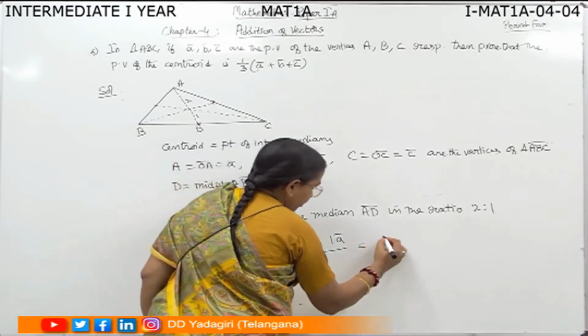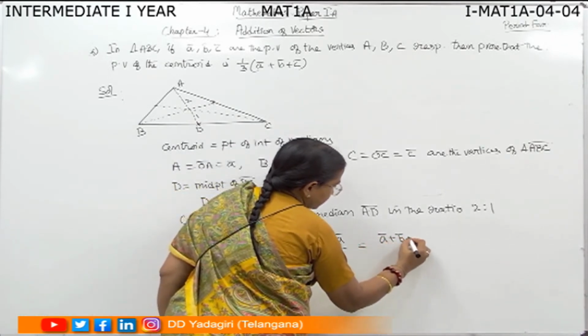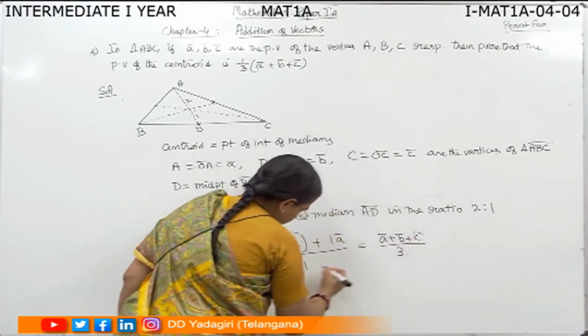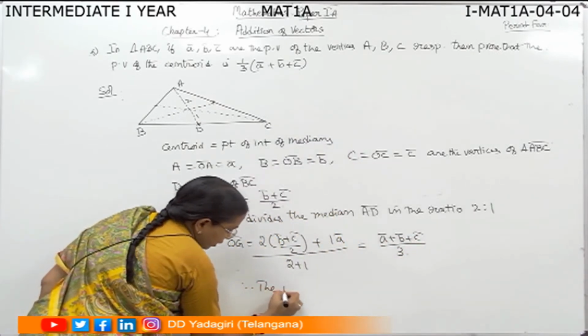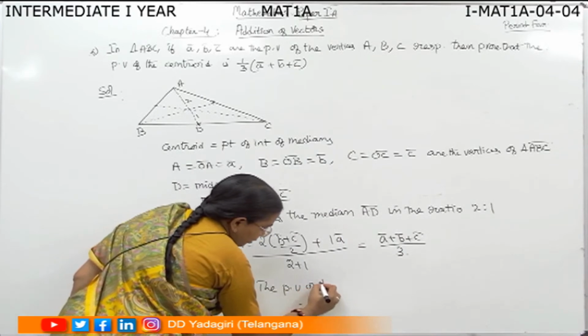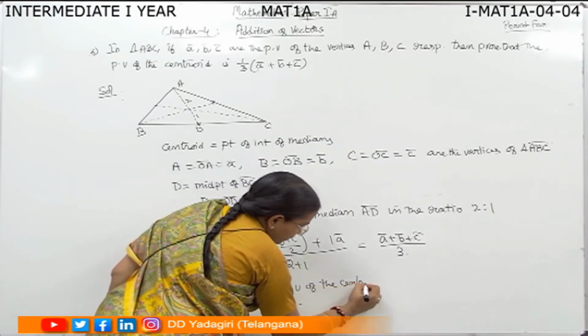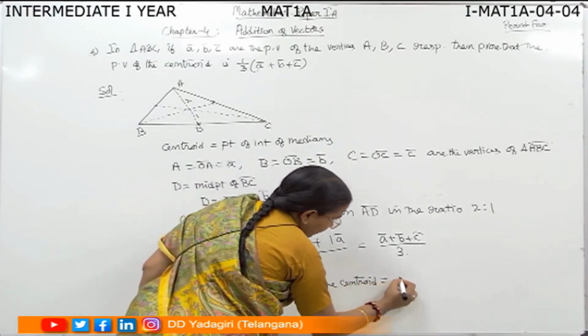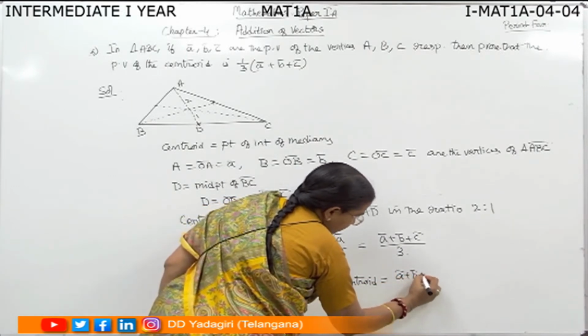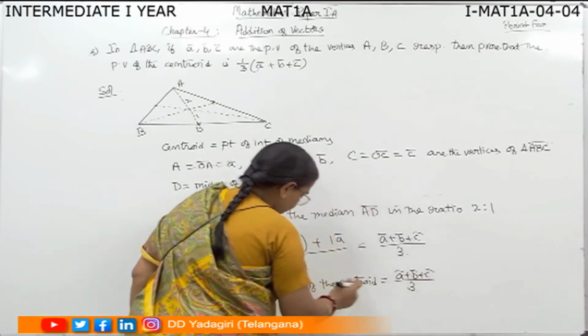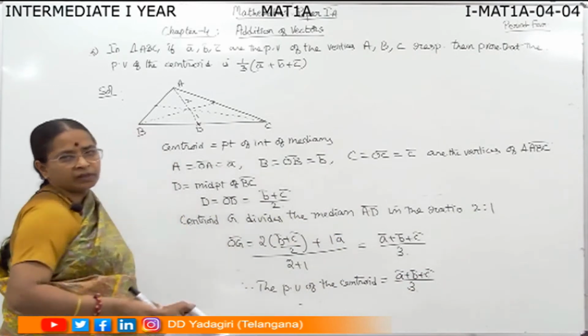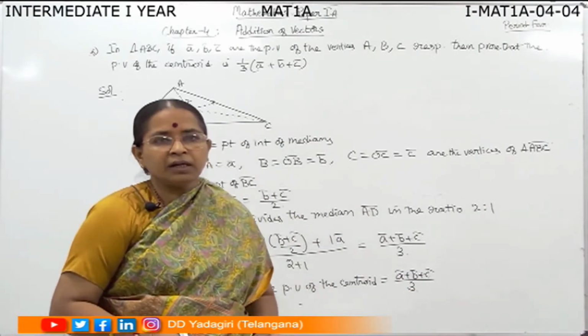So it is equal to A plus B plus C by 3. So the position vector of the centroid is equal to A plus B plus C by 3. Position vector of centroid is nothing but OG. We'll continue in the next period.